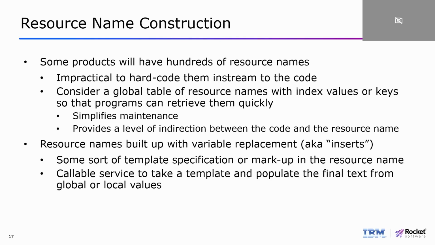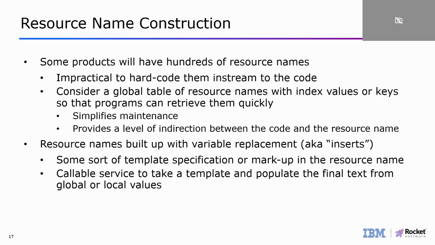So maybe a better approach would be to have a big table of resource names with some sort of index value, so that users of those profiles can just refer to the profile via some sort of index value. And that's going to simplify your maintenance and also give a nice level of indirection between the code that uses the resource and the definition of that resource in the first place, okay?